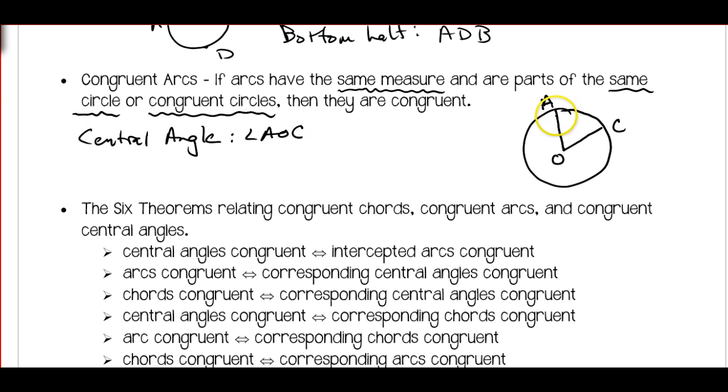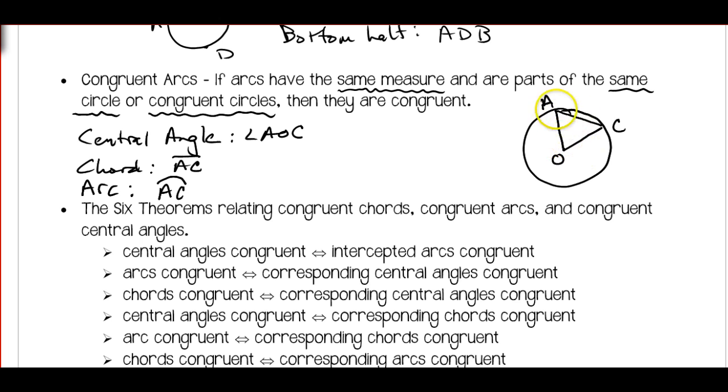We can have a chord associated with that central angle, so I'm going to draw the chord in there. We can have a chord that would be segment AC, and we can have an arc that would be arc AC.